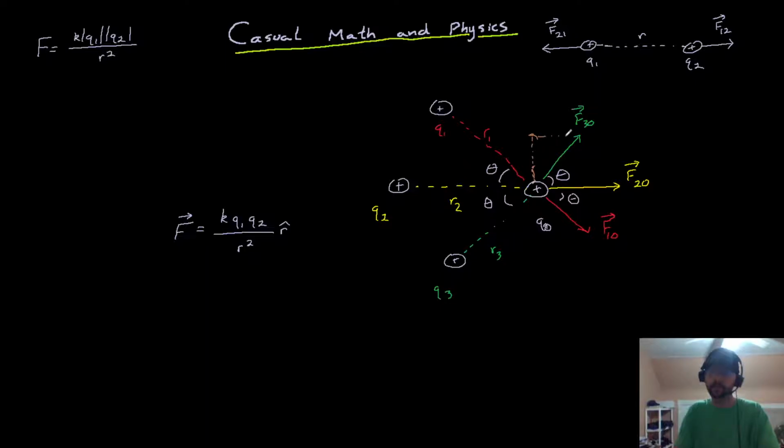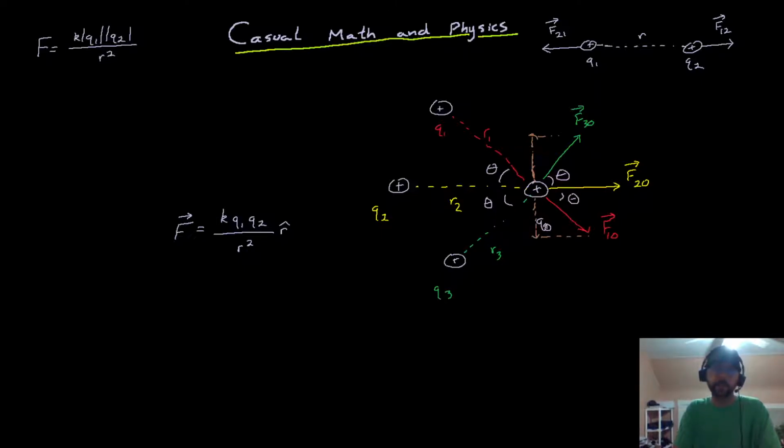Looks like this. And then the force of charge 1 on 0, I like the dotted better, looks like this. And because these angles are the same and the charge values are the same, these have to be the same length, the same magnitude, and the vector sum of these is actually also going to be 0 in this case.